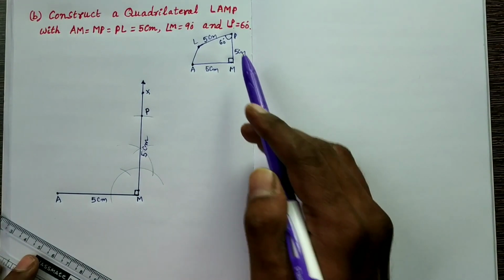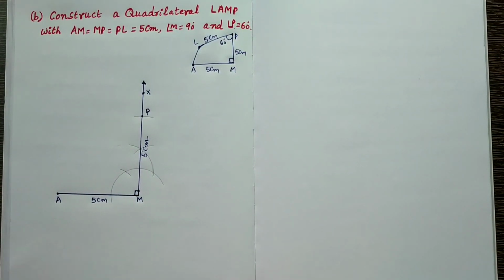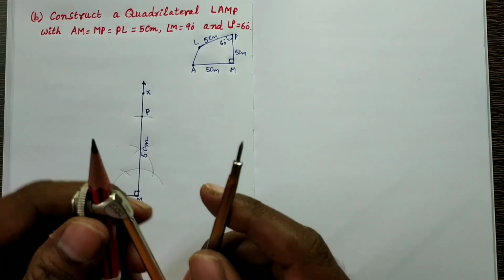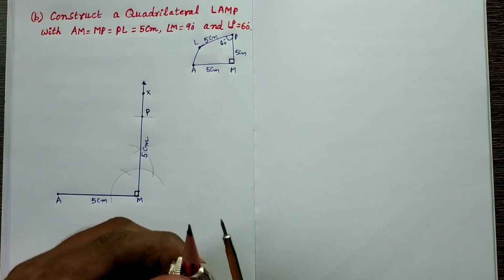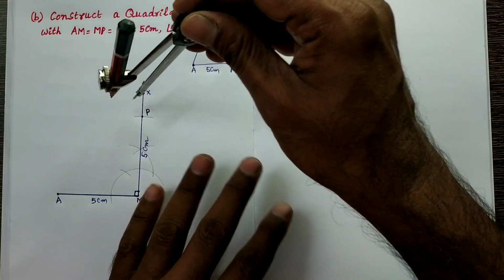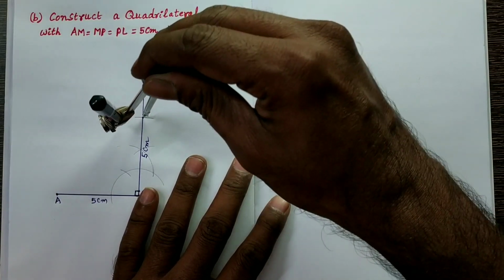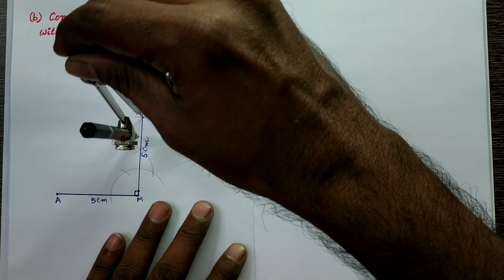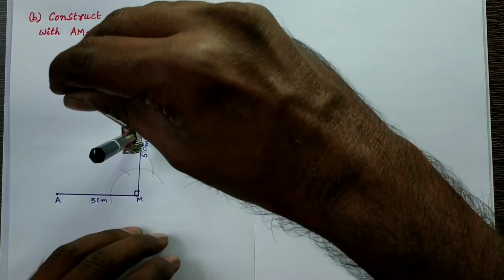Now angle P is equal to 60 degrees. We can construct 60 degrees without using a protractor also. Take some radius, take P as center with this radius and draw an arc.